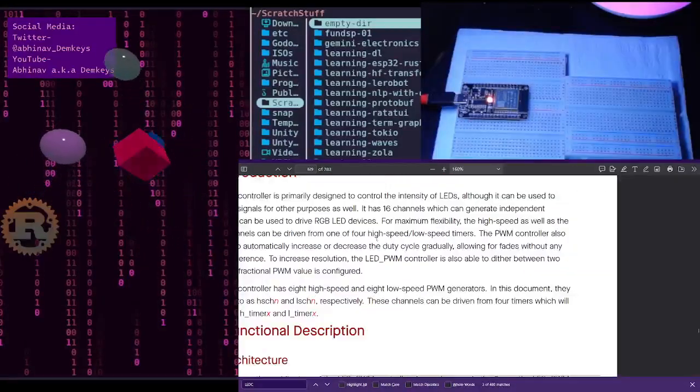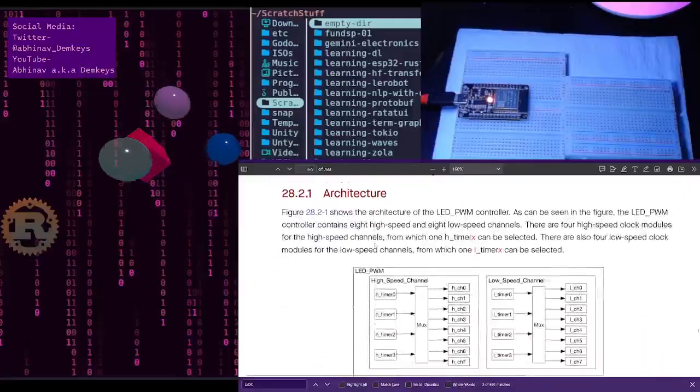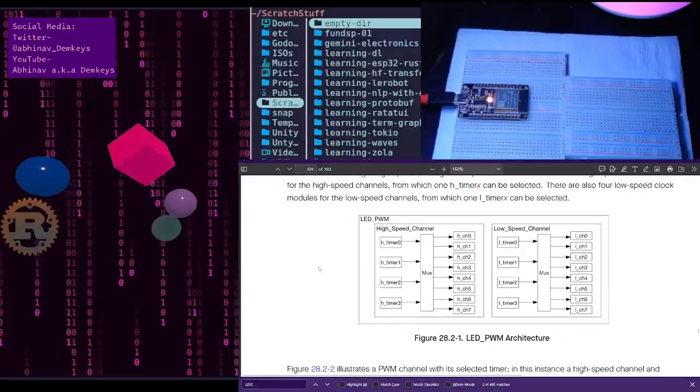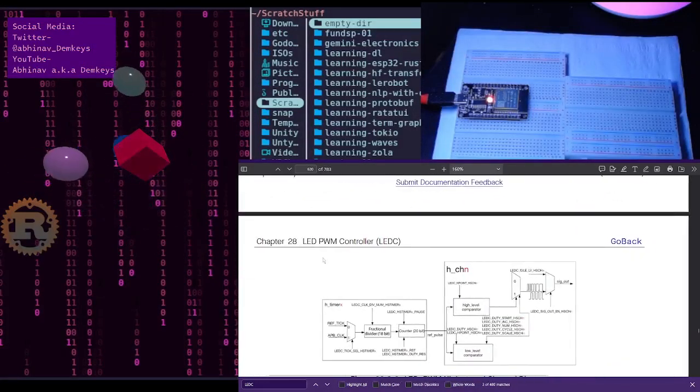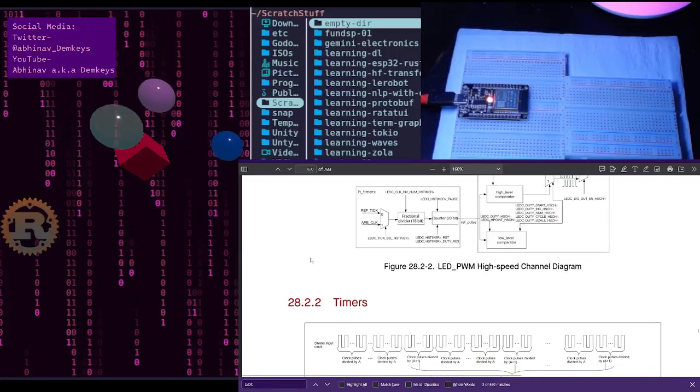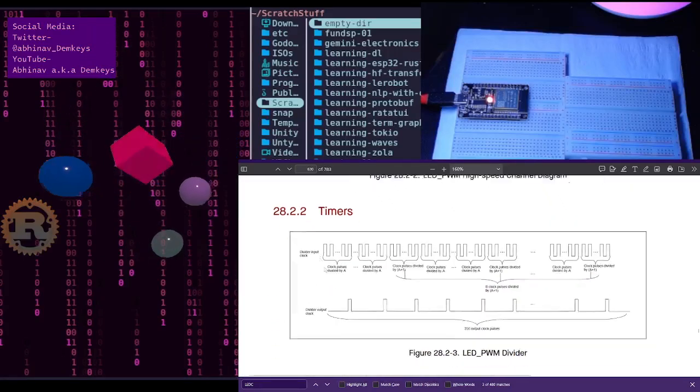Okay, all right. Oh, here it is. This is the architecture. PWM, high-speed channel diagram.